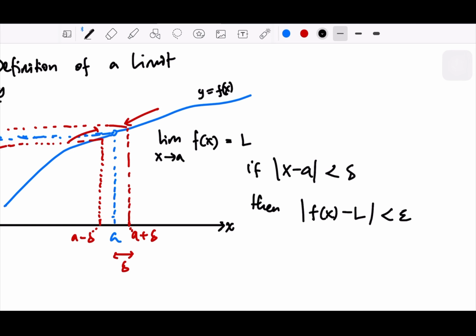Okay. The delta can be any number, and this can be any random function as well. So that's the summary.